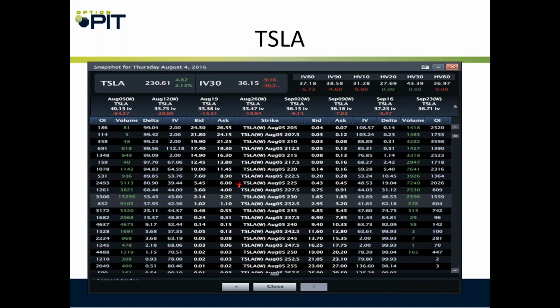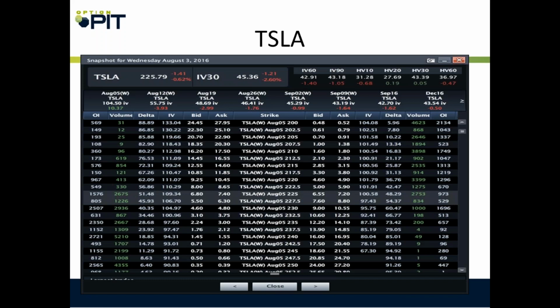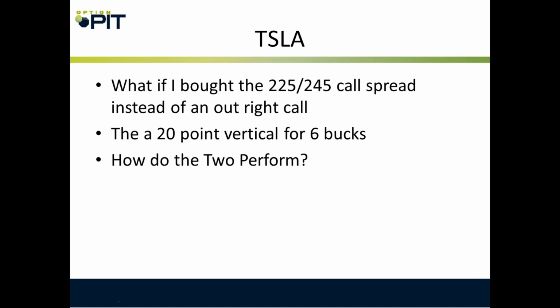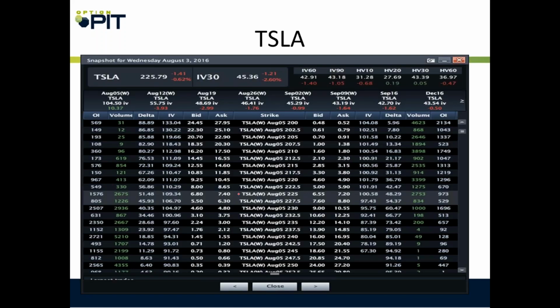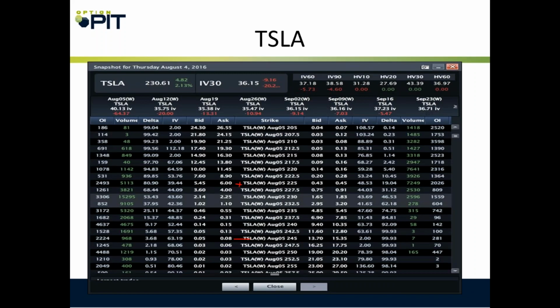If I did this spread, so I bought this for $7.10 and sold these calls at $7.50, I paid let's say $6.30 for that spread. Well, today it's worth about $5.60. So I lost less.